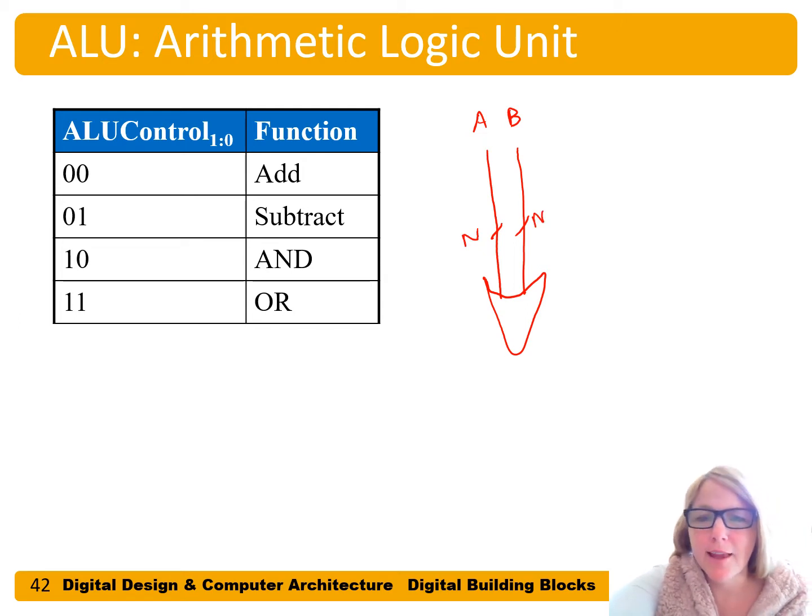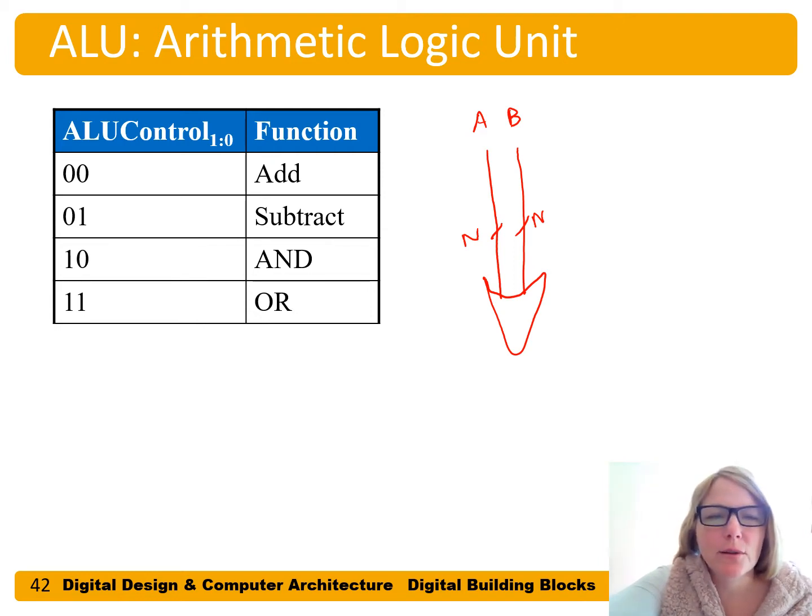Really that's N 2-input OR gates, producing an N-bit result, 1 out of each of the 2-input gates. If that's all we were doing, we would tie that directly to the result and be done.